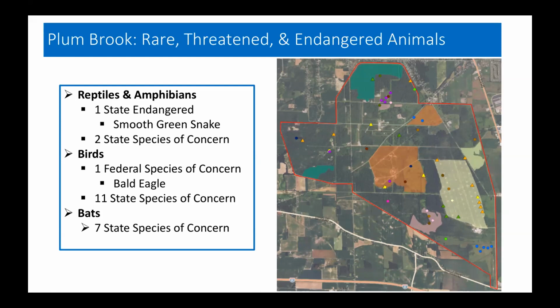And then on top of the birds, we also have some bats. And so we have 7 state species of concern within the bat realm. And so as you can see between this chart and the one before, we are managing quite a range of natural resources. And this is just looking at our species, which is the plants and animals. And so not only do we have regulatory drivers, but it's kind of helping display that with this just being at Glenn Research Center in Cleveland, we have a lot of natural resources.